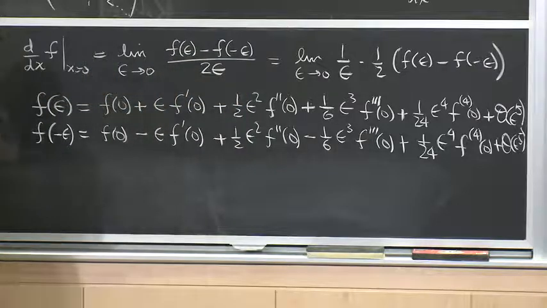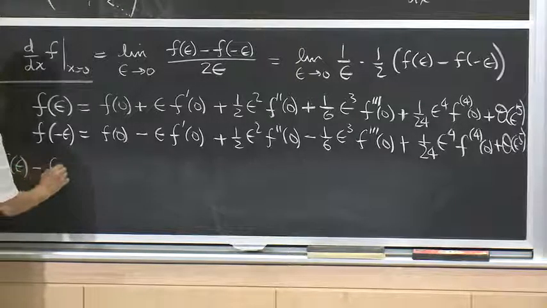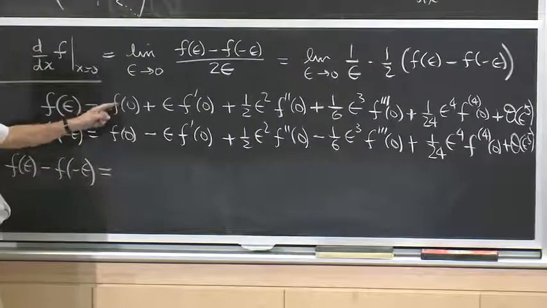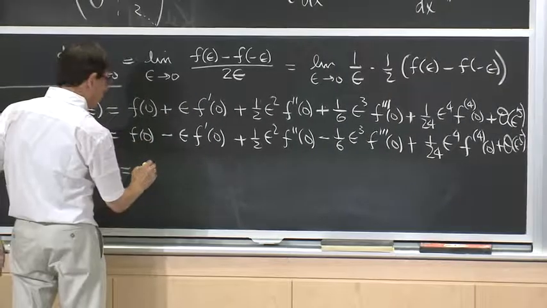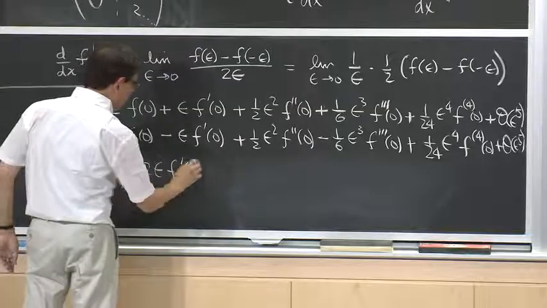And indeed, if you subtract these two, f of epsilon minus f of minus epsilon, well, the even powers cancel, but the odd ones don't. So this is 2 epsilon f prime of 0.